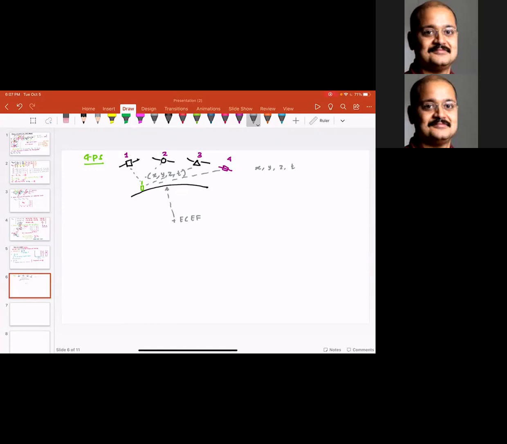Clearly this information can be used to find the latitude and longitude.